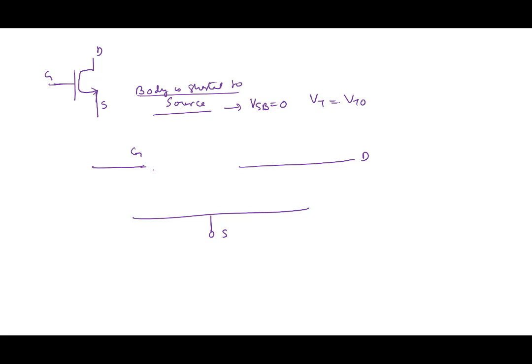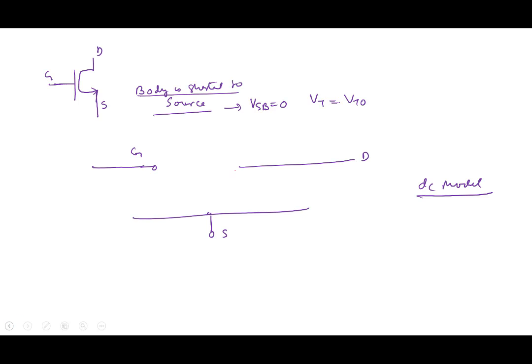I should think of it as between gate and source I have nothing, a DC model; no current is flowing. Between drain and source, I have a current source, IDS.